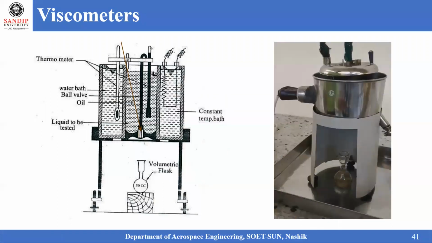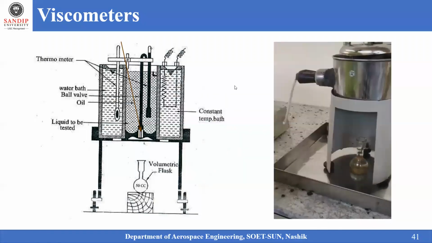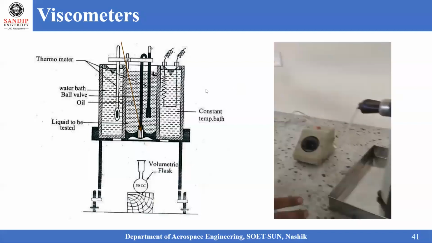Whatever oil is given to us should be available within the temperature limits of the Redwood viscometer. With that we can easily determine its viscosity. This is how a viscometer works, and we have detailed its functioning and construction here.